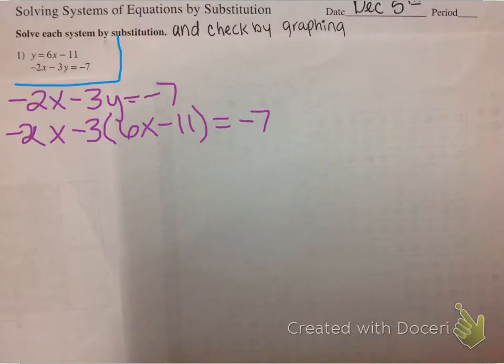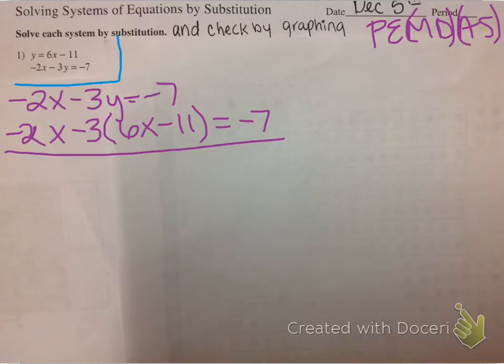Okay, now I'm just going to follow my math law, which is PEMDAS, remembering that add and subtract go together and multiply and divide go together. First thing is parentheses, so I'm going to make my t-chart and distribute.